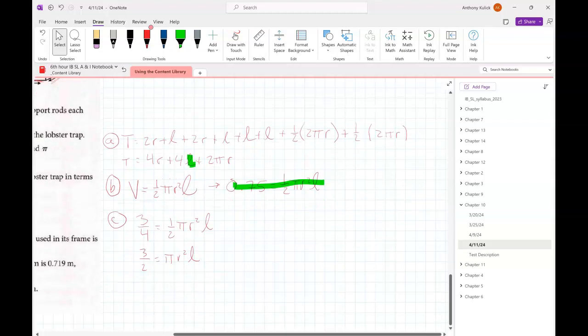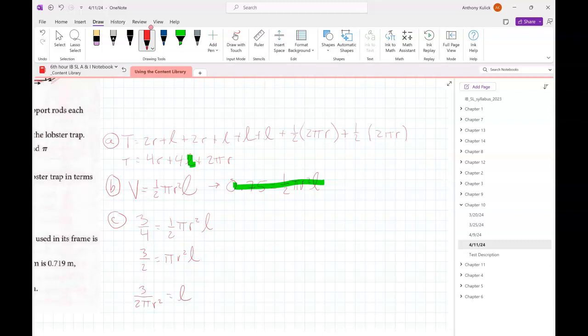And then if I divide both sides by pi r squared, I have that. So far, so good.